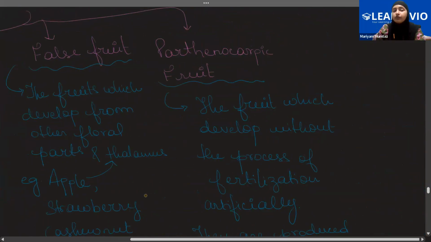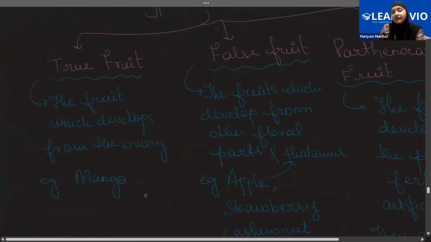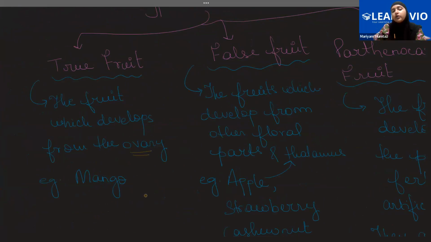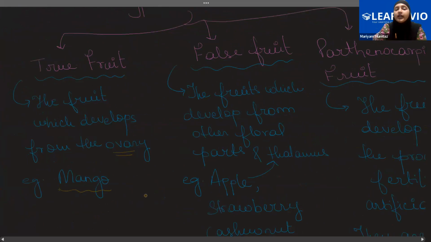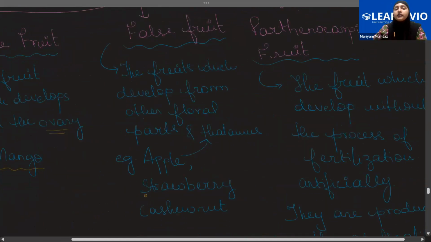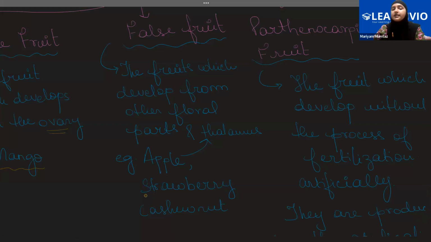Talking about the true fruit, the fruit which develops from the ovary will be called the true fruit, and the example is mango. Meaning, when the ovary gets ripened, it forms the fruit. Talking about the false fruit, it is the fruit which develops from other floral parts and not from the ovary.